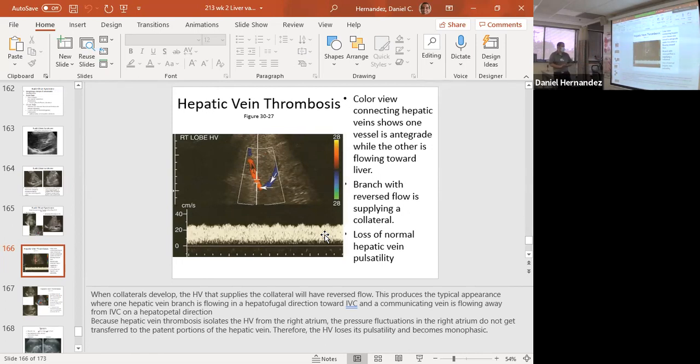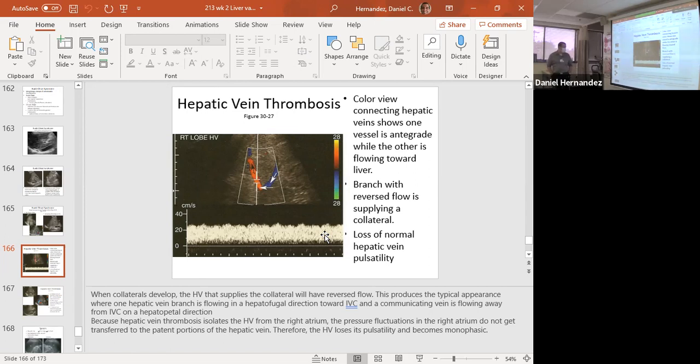So when collaterals develop, the hepatic vein that supplies the collaterals will have reverse flow. This produces the typical appearance where one hepatic vein branch is flowing hepatofugal, in the direction towards the IVC, and a communicating vein is flowing away from the IVC in the hepatopetal direction.